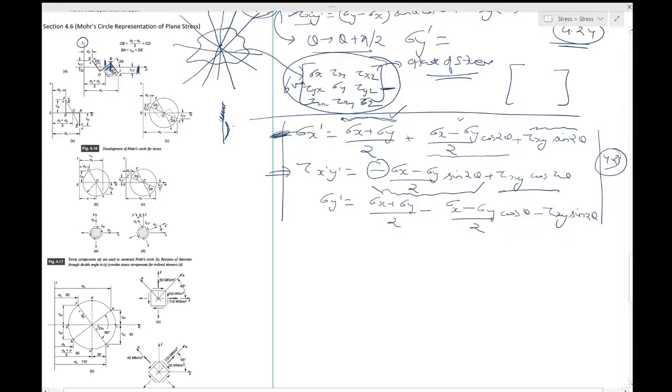So what we have seen until now is that the abscissa of point A is sigma x dash, and the downward ordinate of point A is tau x dash y dash. Now in a similar manner, the construction CDE. What we have considered until now is the construction CBE.